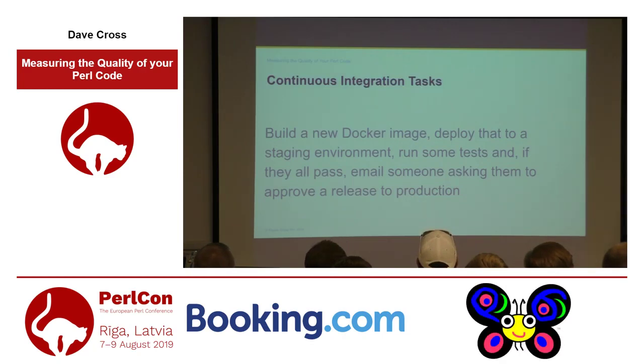It builds the Docker image, deploys it into a staging environment, runs the integration test suite. If that passes, pushes it live. That's the way that big companies like Netflix, for example, push out hundreds of release versions every day of the week by using systems like this.